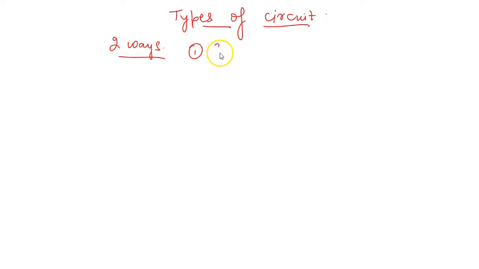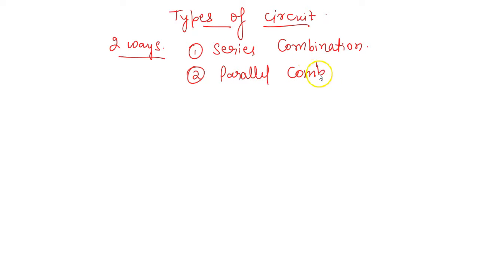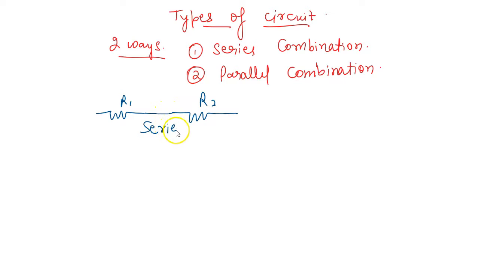One we call the series combination, and the other one is parallel combination. So two resistors, let us say these are the two resistors. If I connect one of the ends together, then these two resistors are said to be in series.